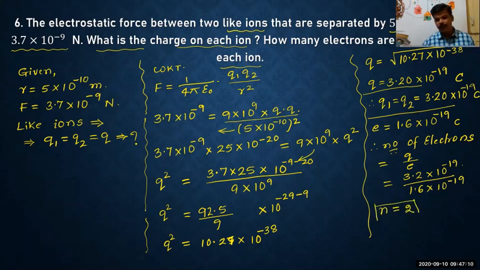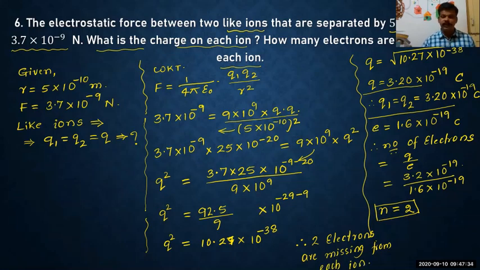So you can write the conclusion that two electrons are missing from each ion. Okay, so this is your answer.